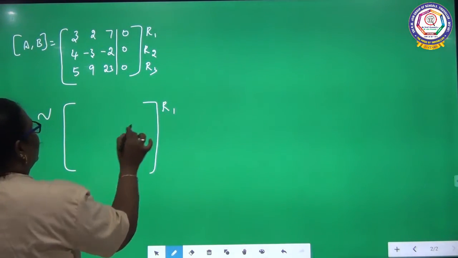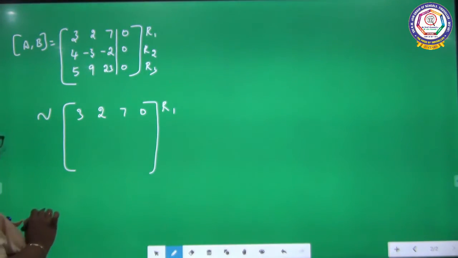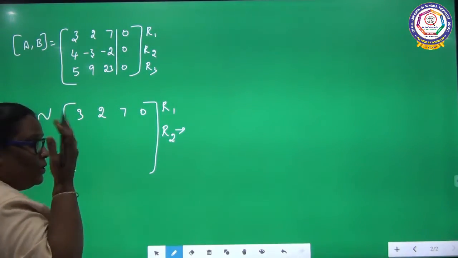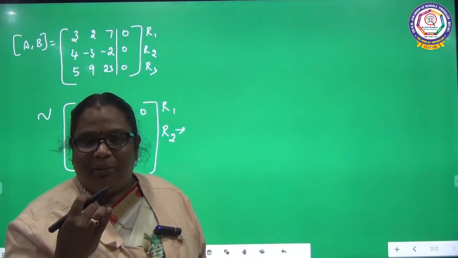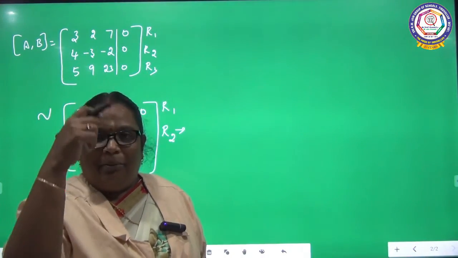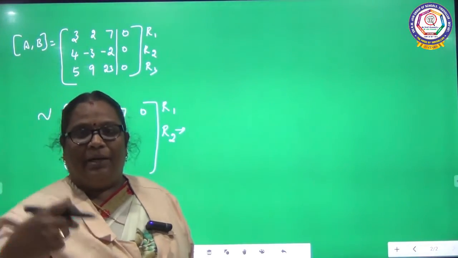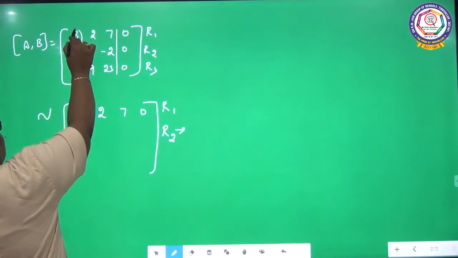See here, R1 as it is, you can write 3, 2, 7, 0. What is R2? Just think, what is R2? By the elimination method, you can multiply by the opposite coefficient. See here, 4 is here and 3 is here.